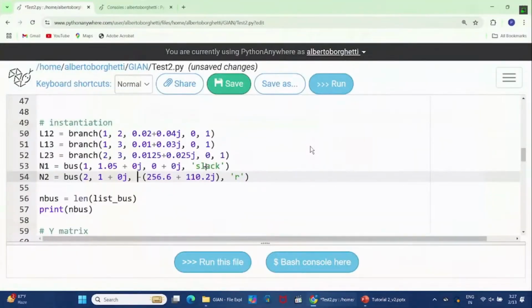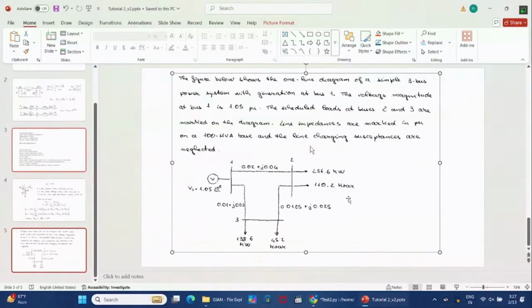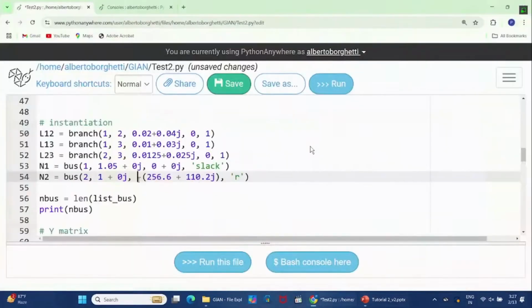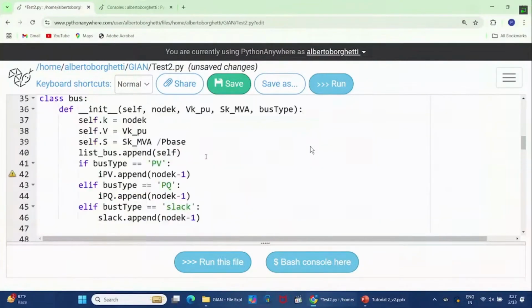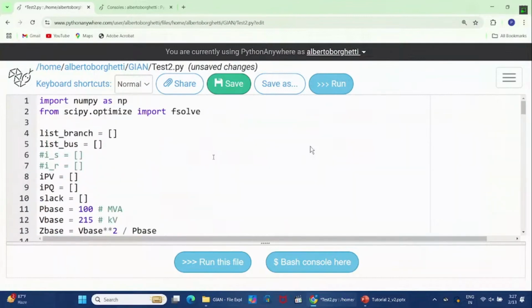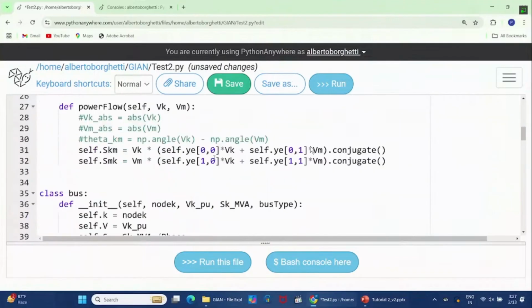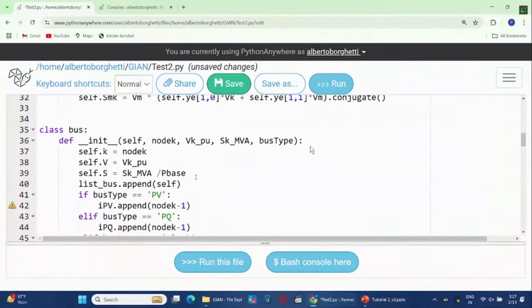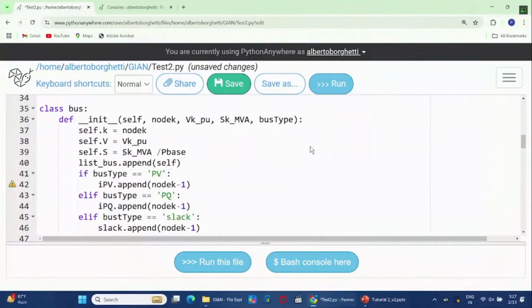The minus is due to the fact that it is not injected but absorbed. So this minus says that it is a load. It is not perfect because I'm not sure if it is good, because we need to do the work in per unit, and it is fine because in per unit it is converted inside. So you see that we are inside the object bus, we are divided by P base.